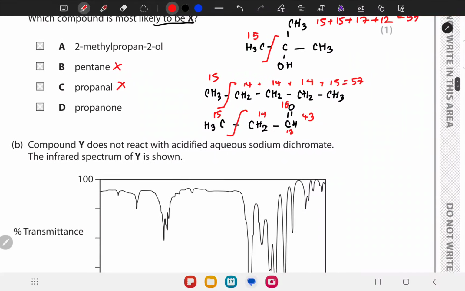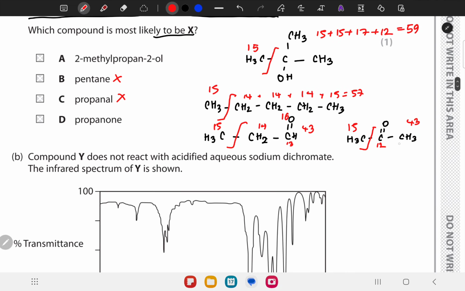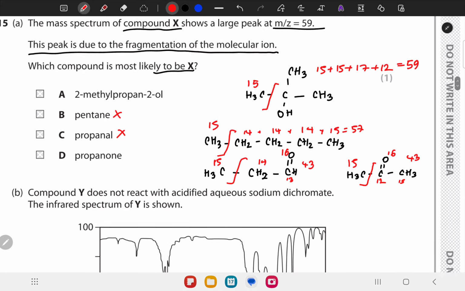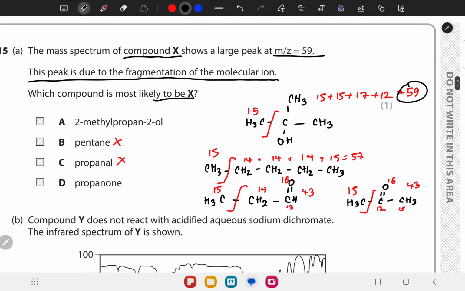And for propanone, we have CH3, C double bond O, CH3. If we break the bond over here, we'll get 15 and 12 plus 15 plus 16, which is 43 again. 12, 15, 16. So A is our answer since it has a peak at 59.